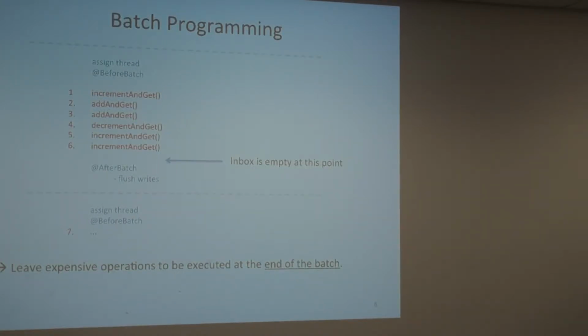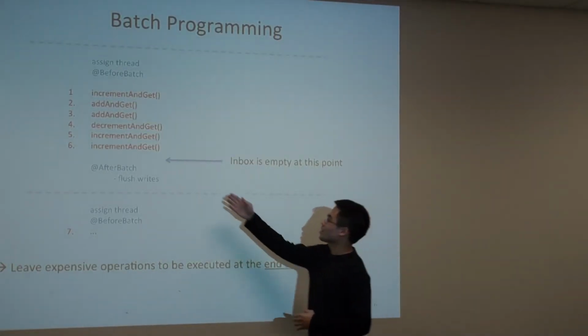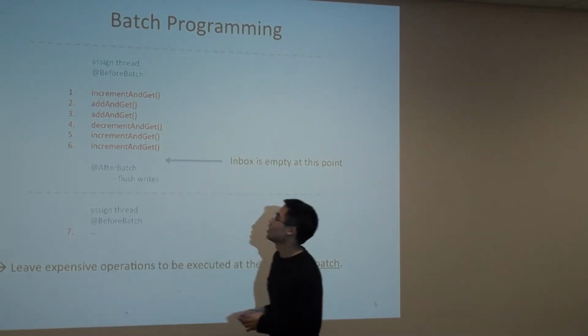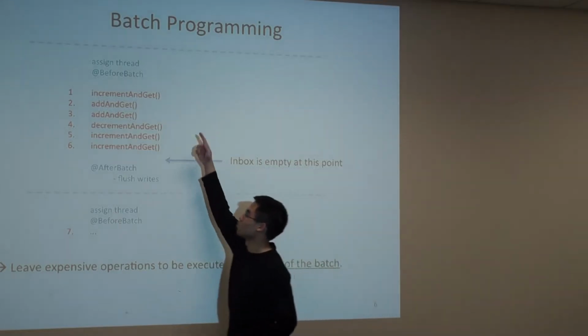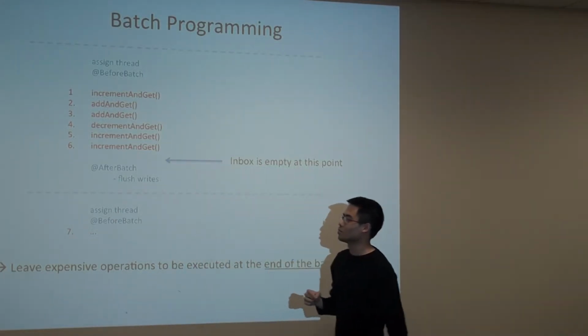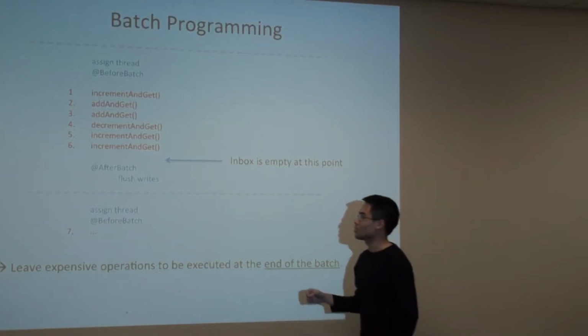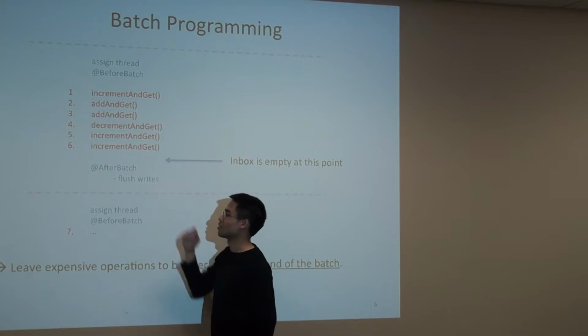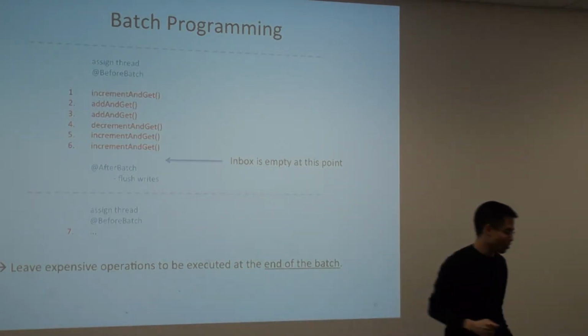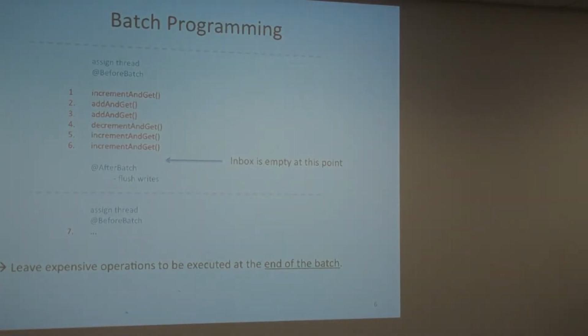The other aspect of batching is that for a batch you have, say, 6 messages. When we increment the counter, we don't have to write every single time to the store. Since we know we have 6 messages, we can write at the very end of the batch. So the most expensive operation, the write, you can execute once at the very end.